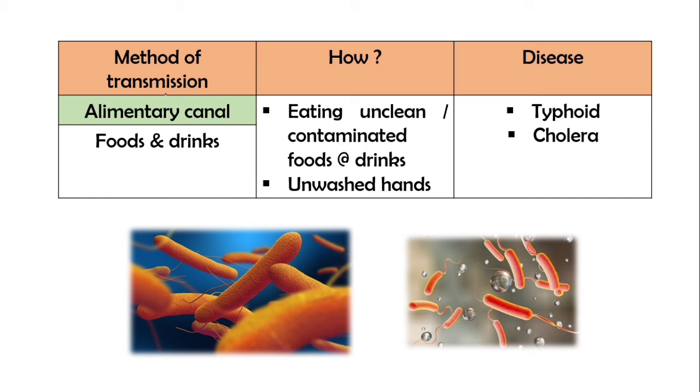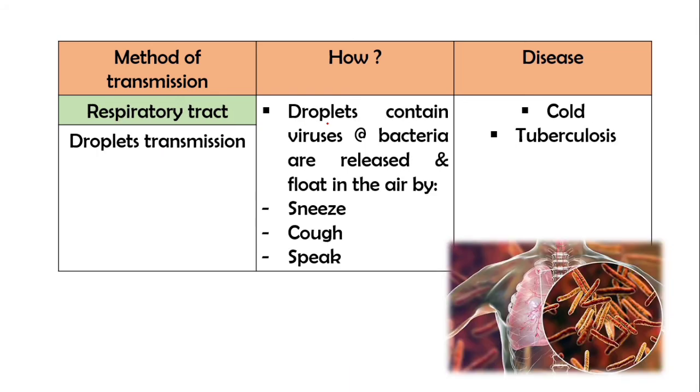Methods of transmission of pathogens: by food and drink through our alimentary canals when we eat unclean or contaminated food and drink, or by unwashed hands. These microbes can cause diseases such as typhoid and also cholera.